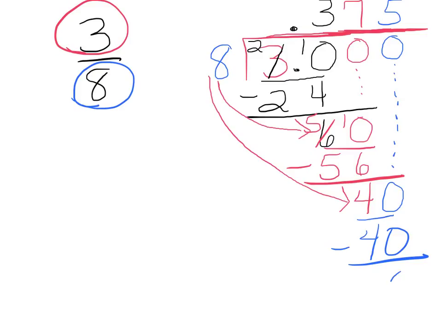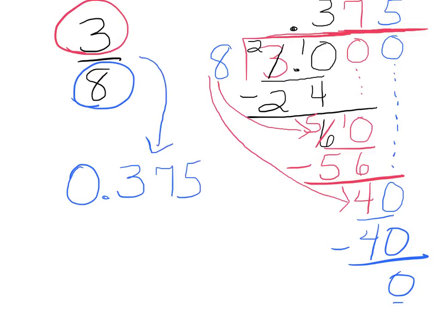Then I'm going to subtract and I get 0, and that's what I want to end up with down here so that I know I can stop. So the answer is 0.375. So the decimal equivalent of 3/8 is 0.375.